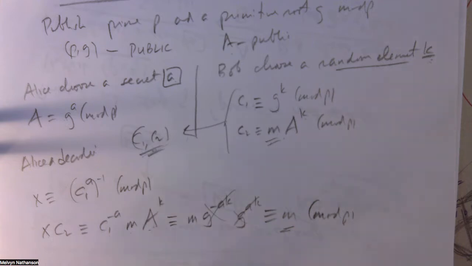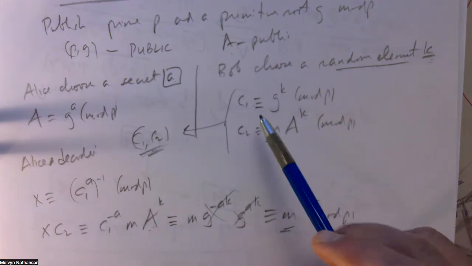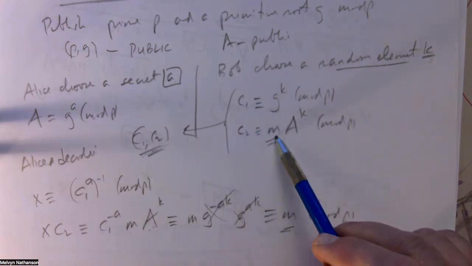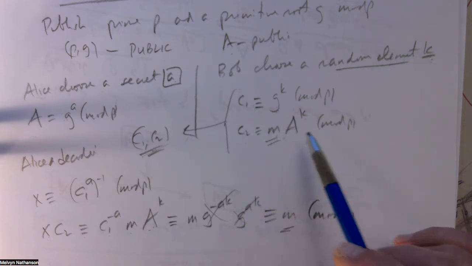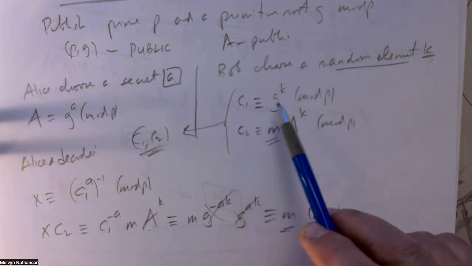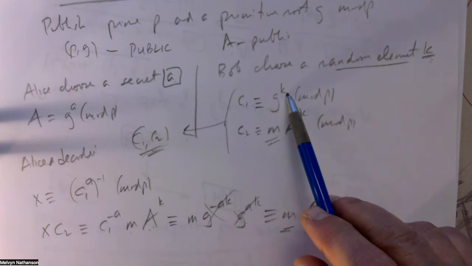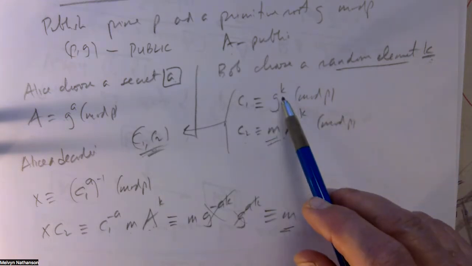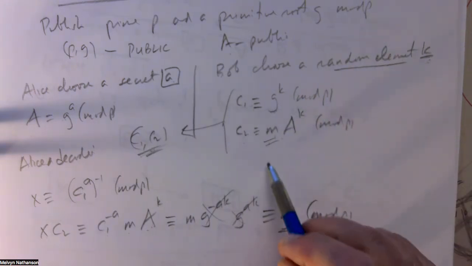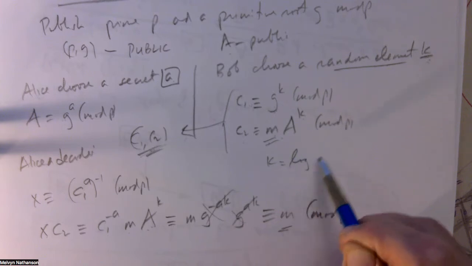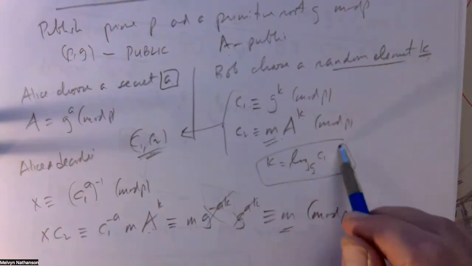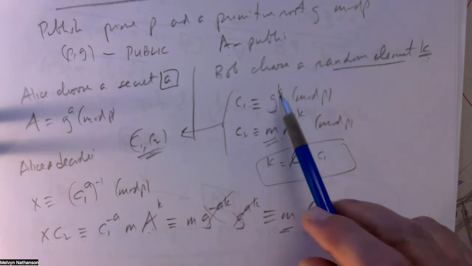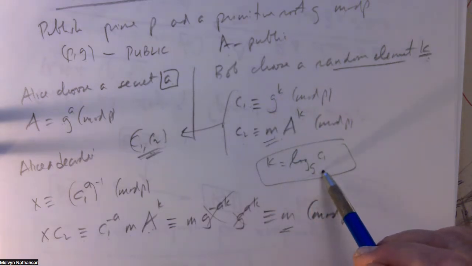What about someone else who wants to decode the message? How do you get from C1 and C2 to M? Well, I have no idea. You know, C1 is G to the k. The only way to find k, this means that k is the logarithm of C1 to the base G mod P. So to find little k from C1, you need to be able to calculate a discrete logarithm.